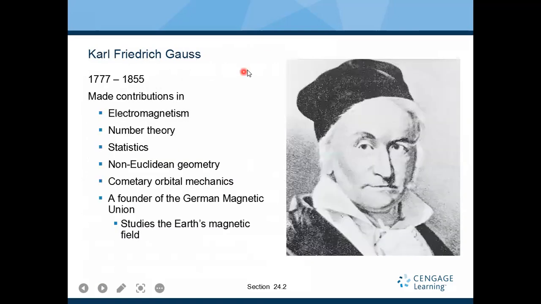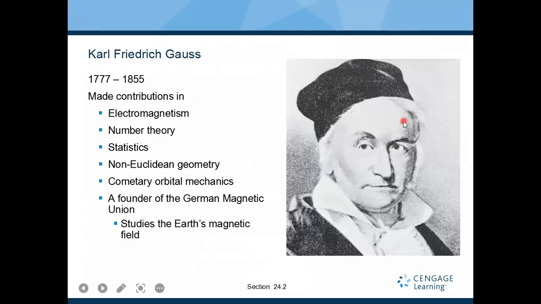Actually, we are discussing Gauss's law and its application, and the contribution of Carl Friedrich Gauss, this great scientist and mathematician, who made contributions to electromagnetism, number theory, statistics, non-Euclidean geometry, orbital mechanics, was a founder of the German Magnetic Union, and studied the Earth's magnetic field.